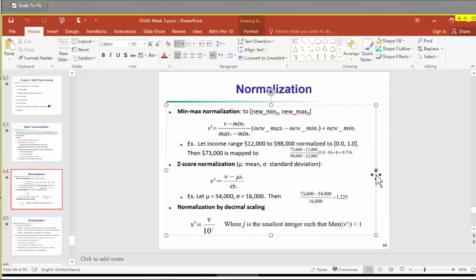So this is the equation for z-score normalization. Again, we have some value for mu and sigma, and we can then scale the normalization according to any number. Okay, then we have normalization by decimal scaling. This is the expression where j is the smallest integer such that the maximum of |v bar| is less than 1.